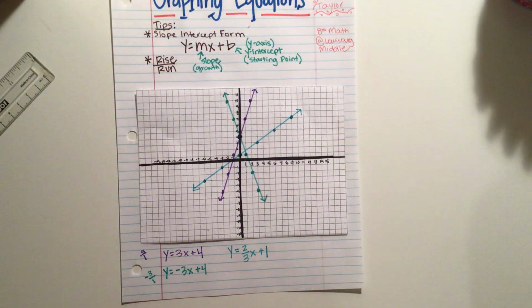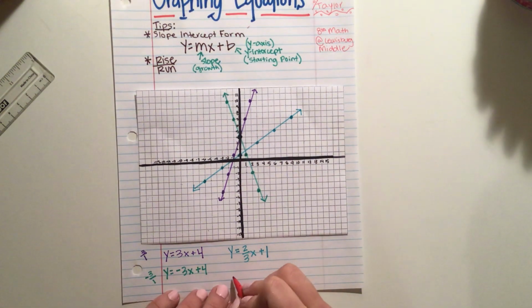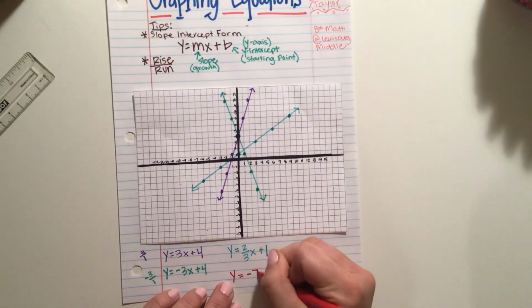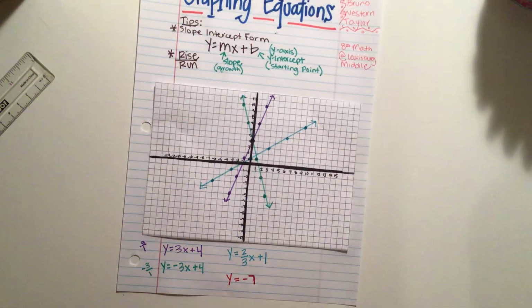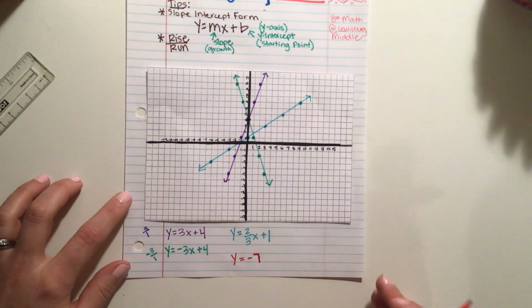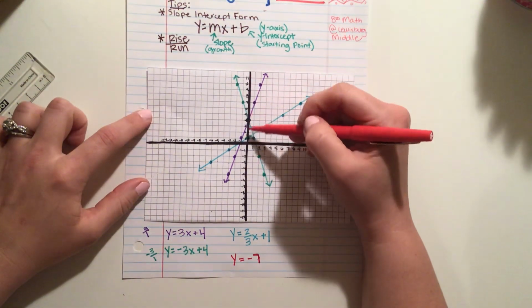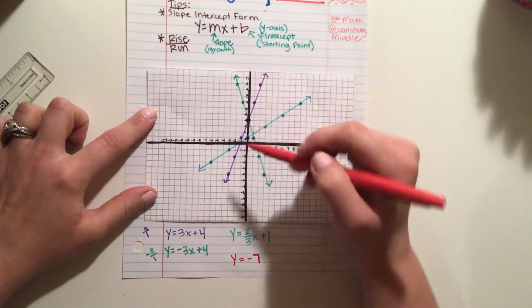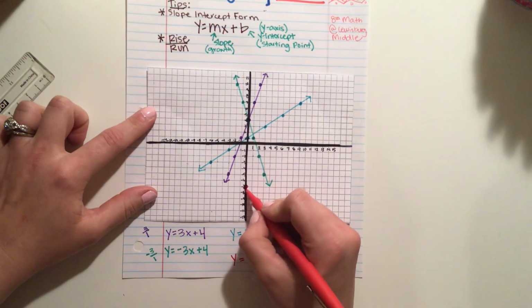All right, let's throw in a few other examples. What if your equation was y equals -7? Do you have any slope here? Do you have anything connected with an x? You only have y equals -7. So on your y-axis, go find -7 and make a dot.